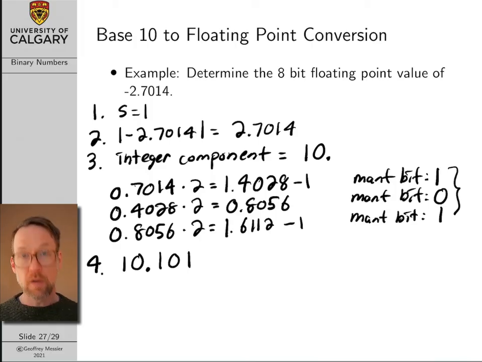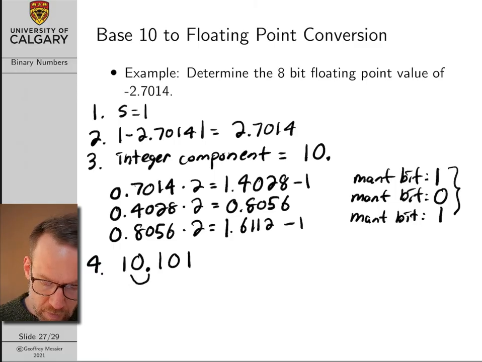And so this is our mantissa represented in binary. But now, just like scientific notation, we need to adjust our binary point so that we only have a single 1 to the left of our binary point. And that means we're going to hop the binary point 1 position to the left.